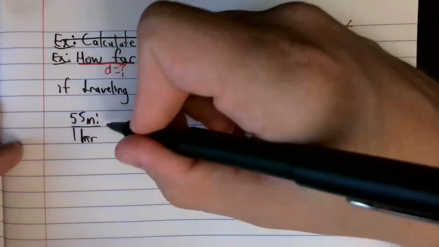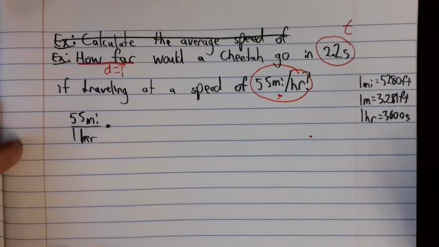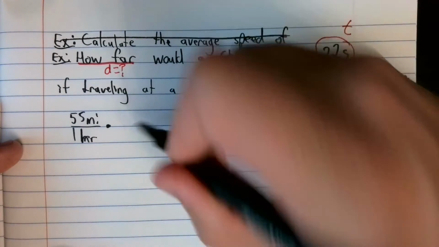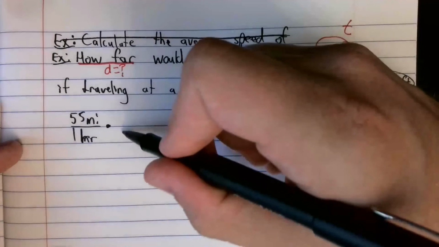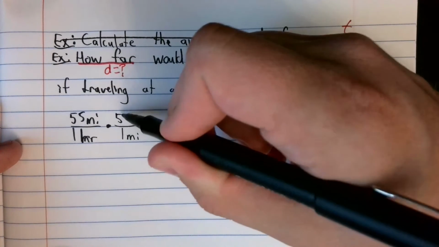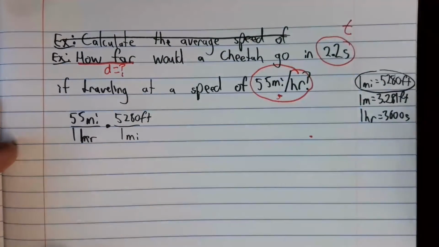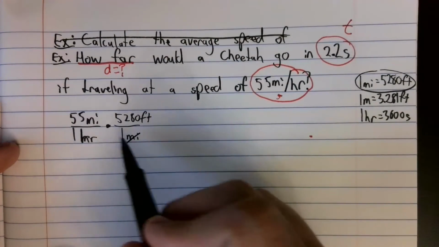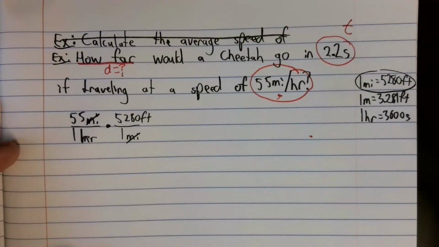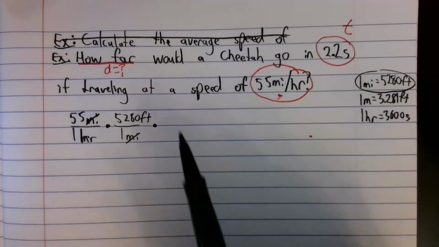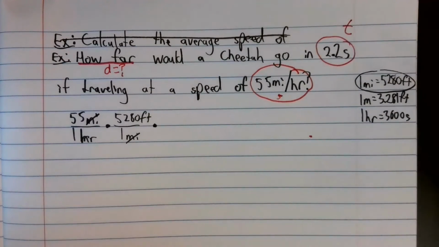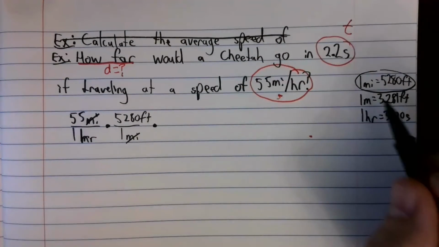55 miles divided by 1 hour. It's going to be a conversion we've done before. I'm going to use this first one. I put 1 mile on bottom and 5,280 feet on top, and that'll cancel out my miles. If I stop here, my value would be in feet per hour, but I want it in meters per second, so the feet's got to go as well.